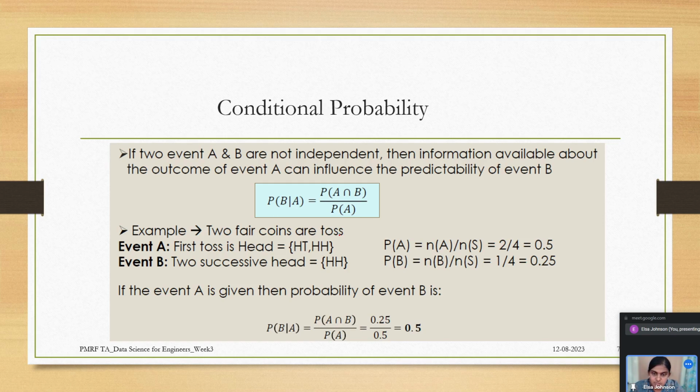Two fair coins are tossed. Event A means the first toss is head. So first toss is head means HT as well as HH.